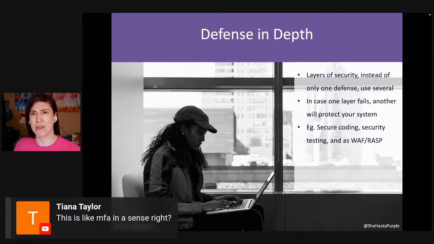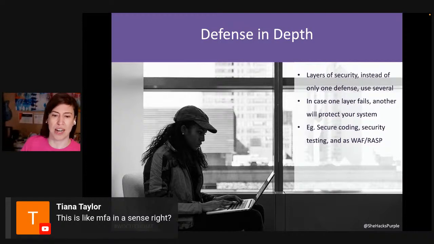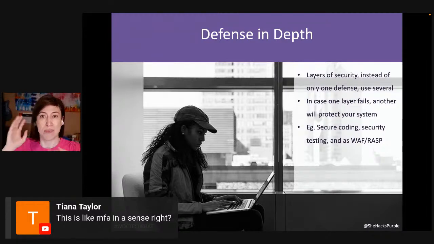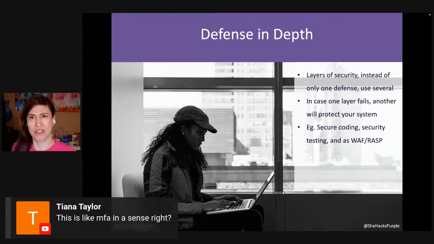On top of that, we have a shield in front of our application, like a WAF, a web application firewall, or a RASP, a runtime application security protection system. You don't use a WAF and a RASP together, you use one or the other, as I think they'd probably mess with each other. But the point is that one layer is not necessarily enough.